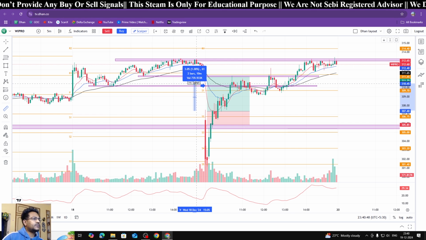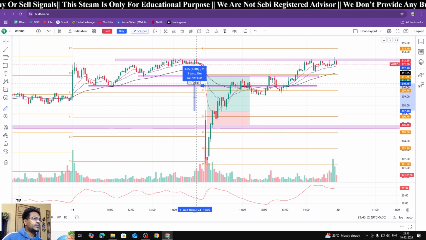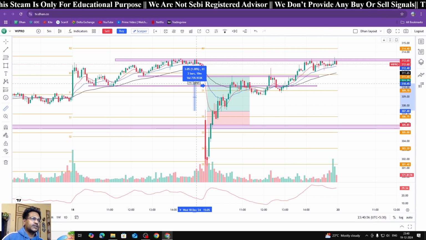So try to take 50%, if not 1% of target. The moment you achieve 1% of target, make sure you exit from the trade and then look out for something else, because you can't see a one-sided move for a longer time. That is the reason this market keeps playing zigzag. So try to accept that 50% or 1% move and immediately exit from the trade.